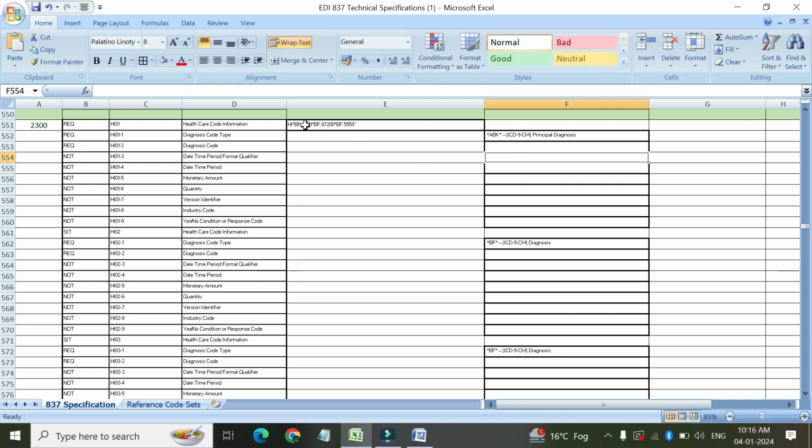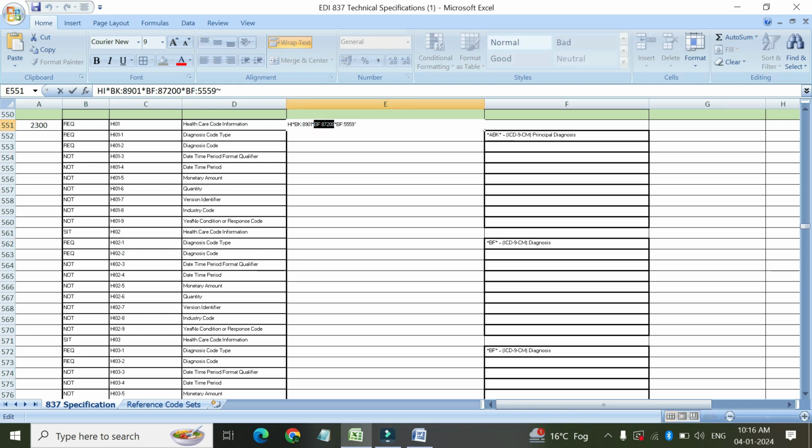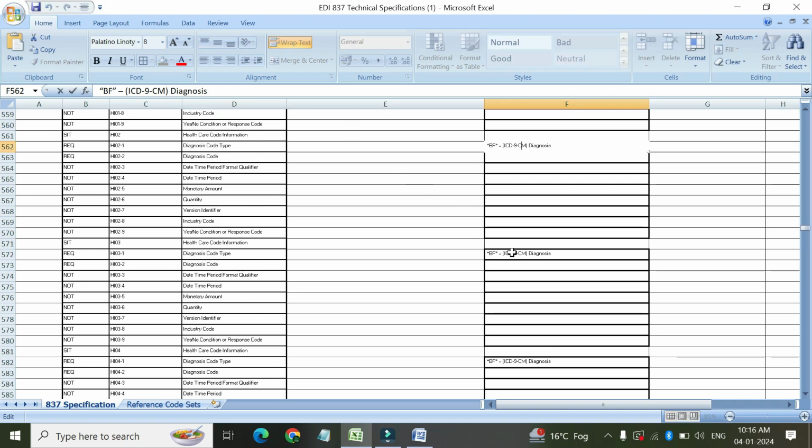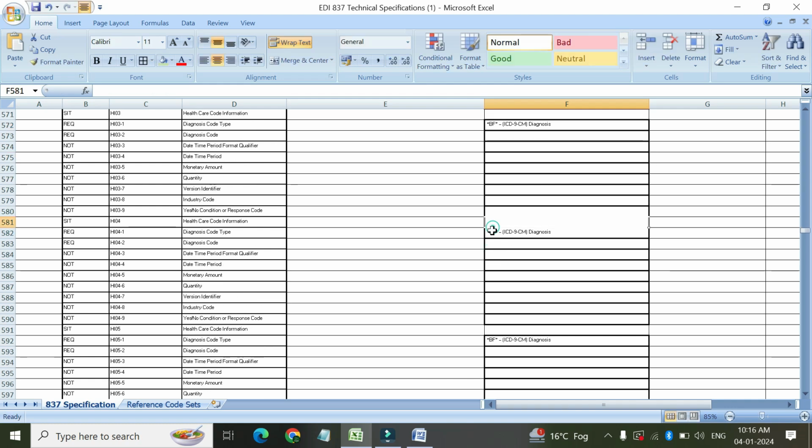Principal diagnosis is your main diagnosis, and then the second element, again the first sub-element of the second element, is BF, which means other diagnosis. So basically, that's not a principal diagnosis. All the other diagnoses will have BF as a qualifier. See, fourth, fifth, sixth, seventh.